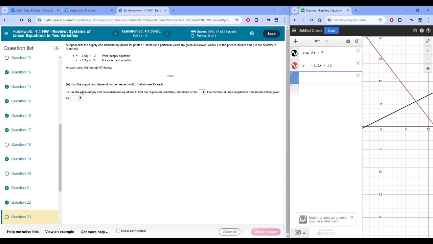To find the price supply, substitute $5 in for Q.